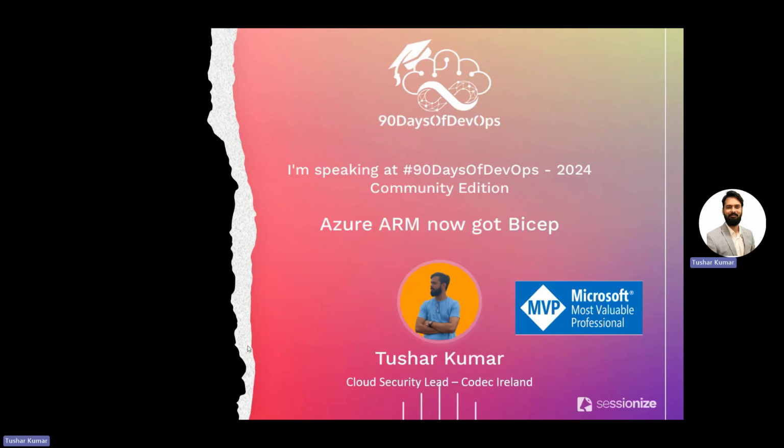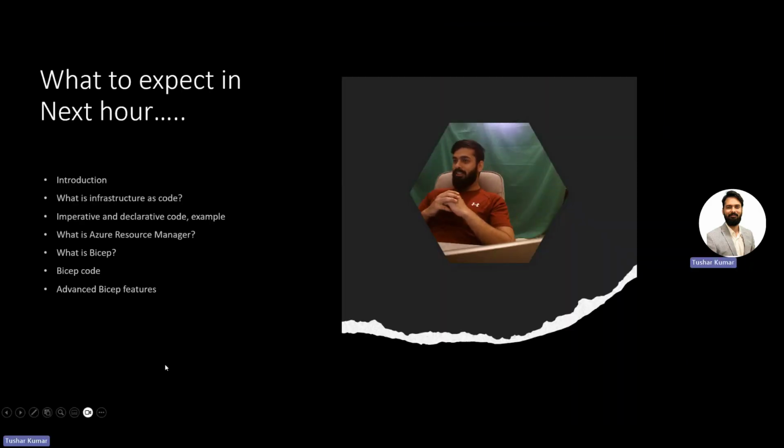So moving along, about today's agenda. So what to expect in the next hour. We are going to look at a quick introduction. We are going to look at what exactly is infrastructure as code, or IaC, if you say. What are the differences we have between imperative and declarative code?